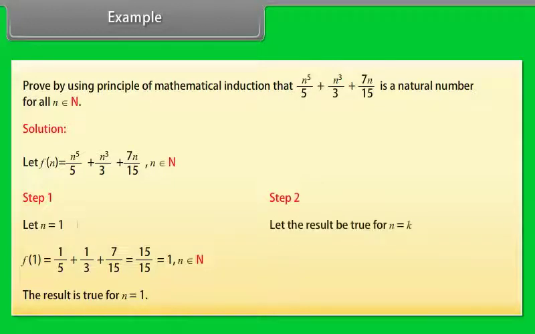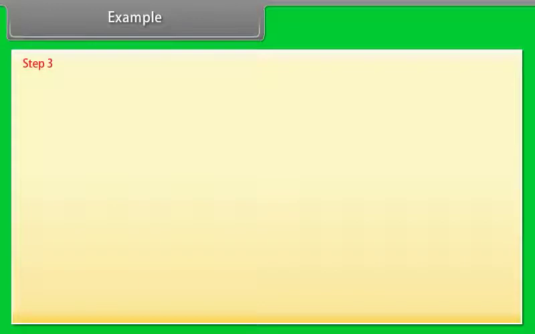Step 2. Let the result be true for n is equal to k. So, f of k is equal to k raised to power 5 by 5 plus k raised to power 3 by 3 plus 7k by 15 belongs to N. Name it as 1.